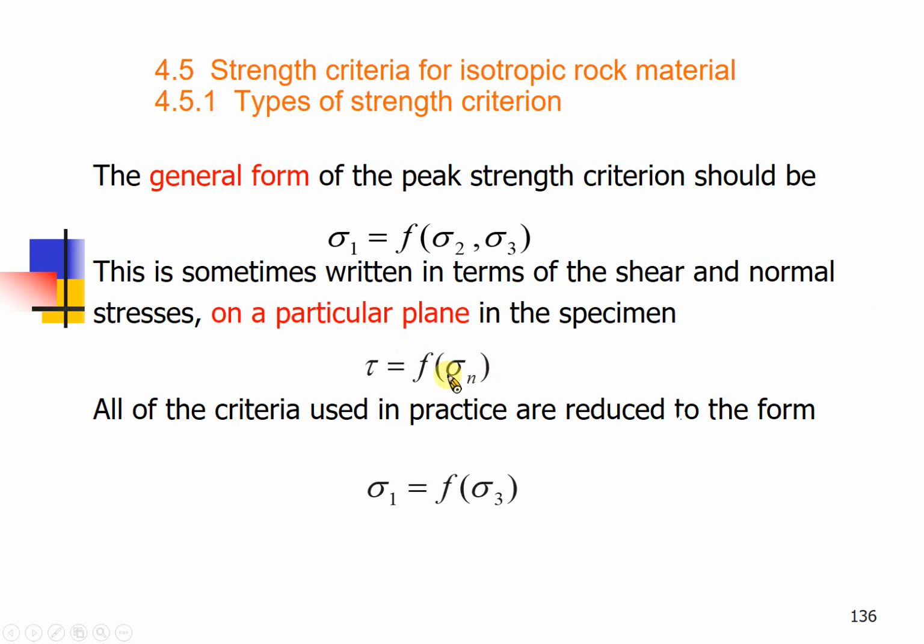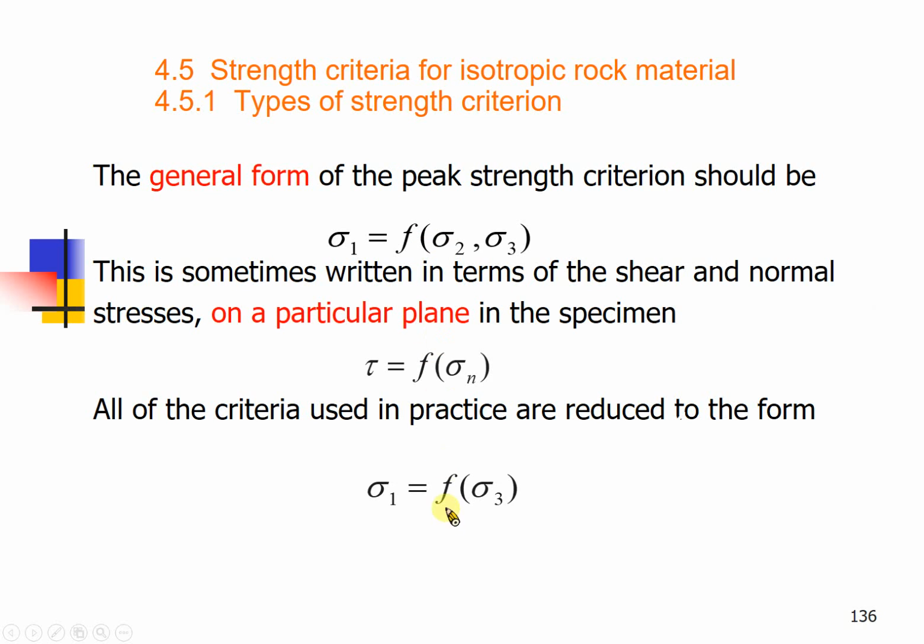As I told you last week, the intermediate stress sigma 2 will not significantly influence the strength of rocks. However, it will have a significant influence for soil. Okay, you need to remember this.